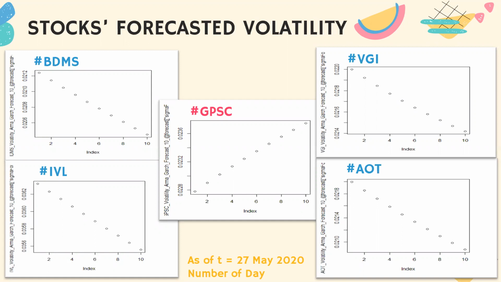And you can see that of the 5 stocks that we picked, 4 of them, BDMS, VGI, AOT, and IVL, have a downward pattern for their forecasted volatility in the next 10 days. However, GPSC has an upward trend for its volatility.